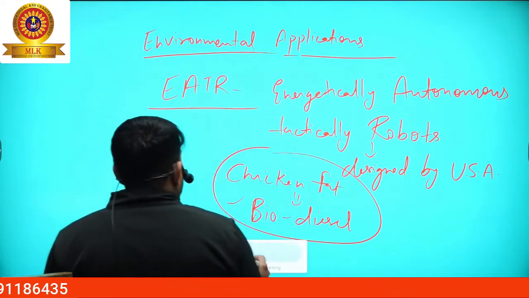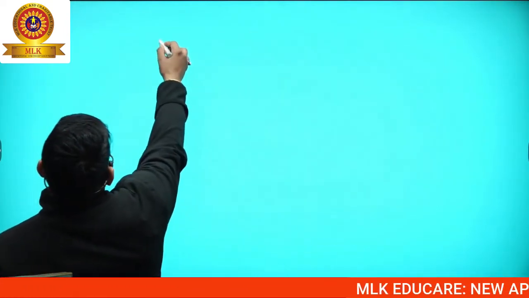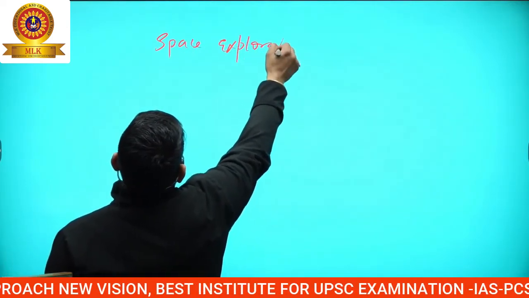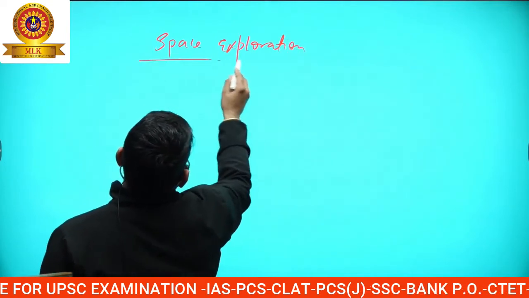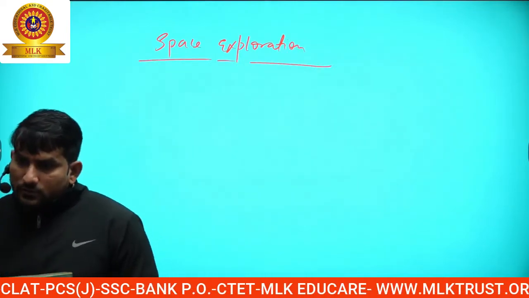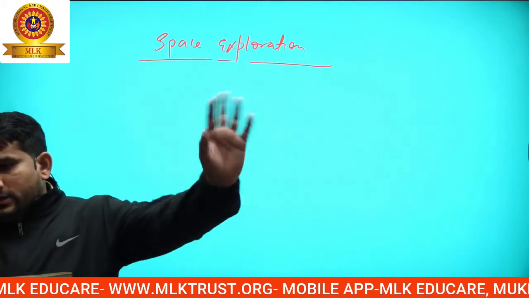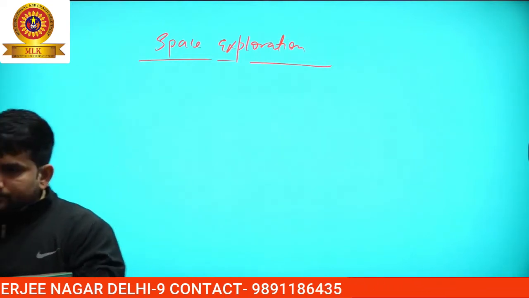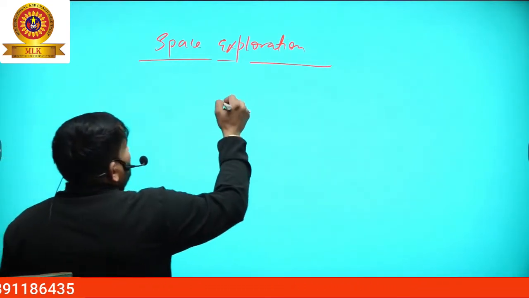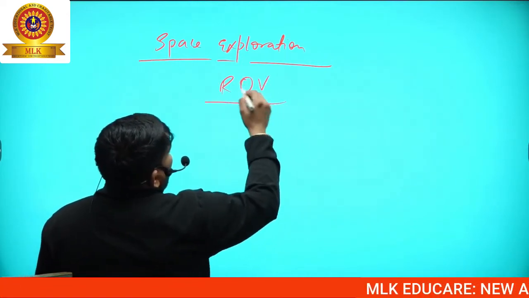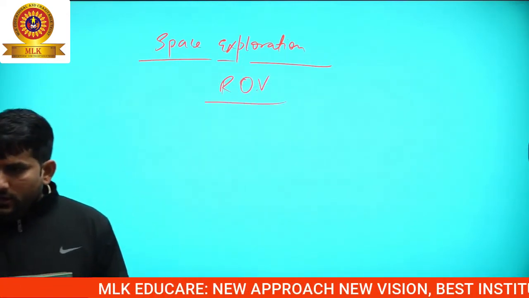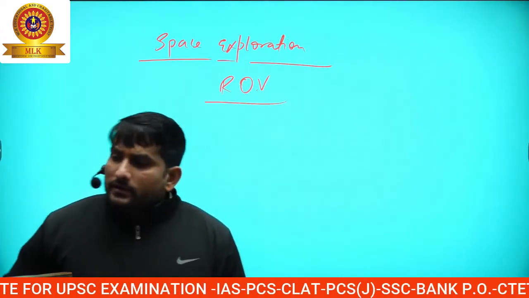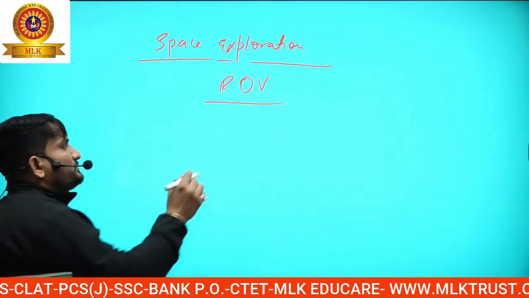The next, the applications of robots in space exploration. Okay, what should happen in space exploration? Just a little while ago we discussed the remotely operated vehicle, ROV. So the remotely operated vehicles are actually autonomous robots.